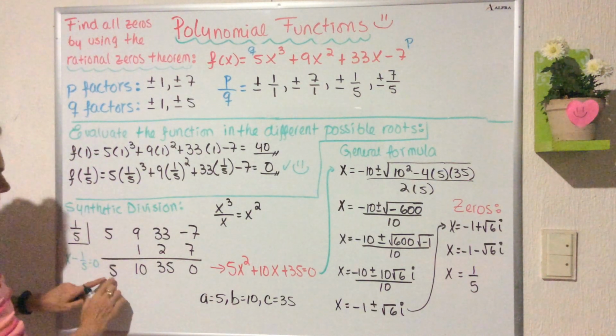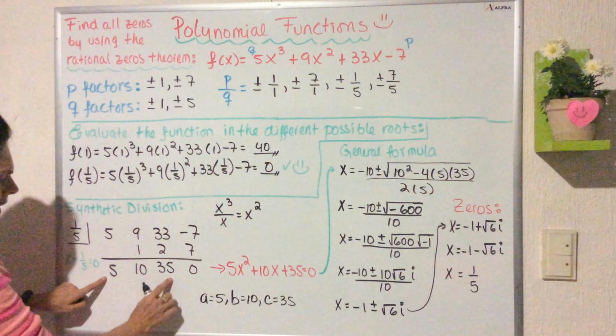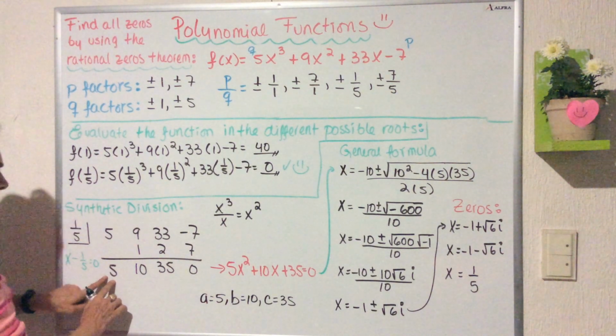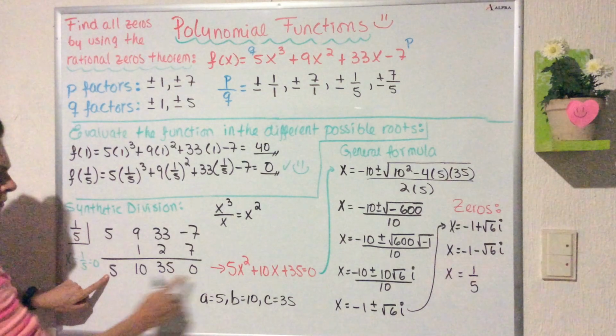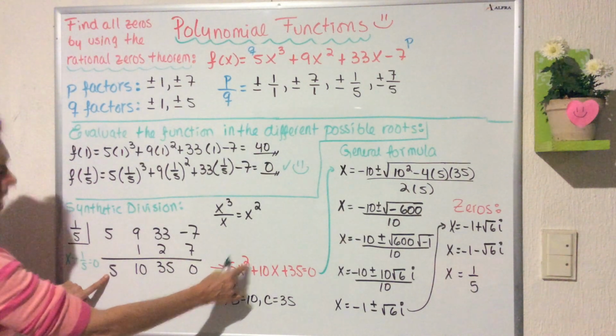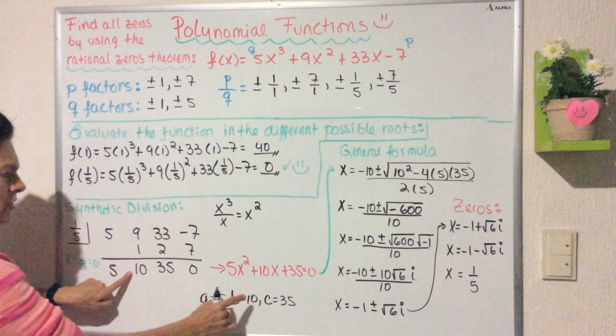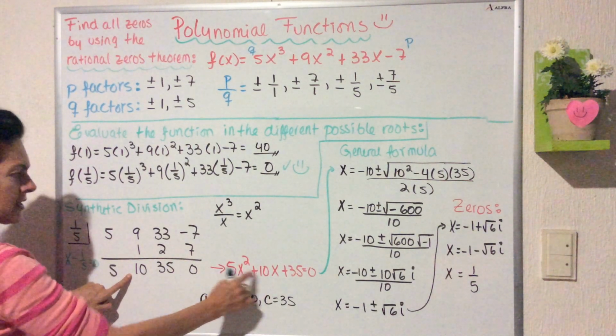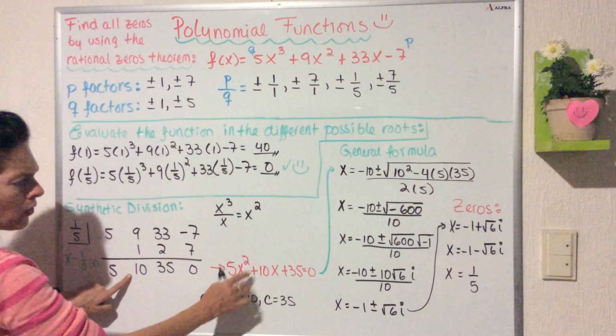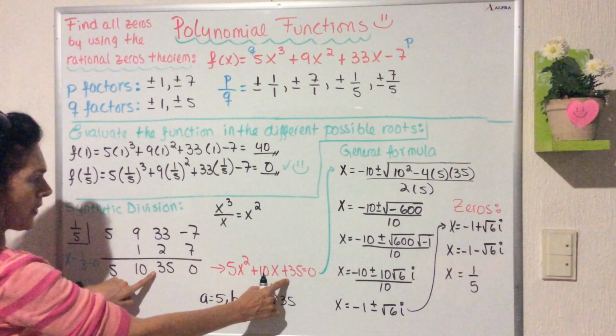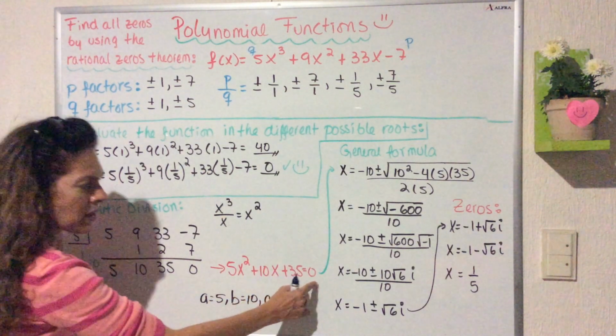Now you're going to take the coefficients from the synthetic division. So we have here 5x to the second instead of x to the third. Remember, don't forget, plus, because this is positive, plus 10x, which is the next x, going down, and then plus 35 equals 0.